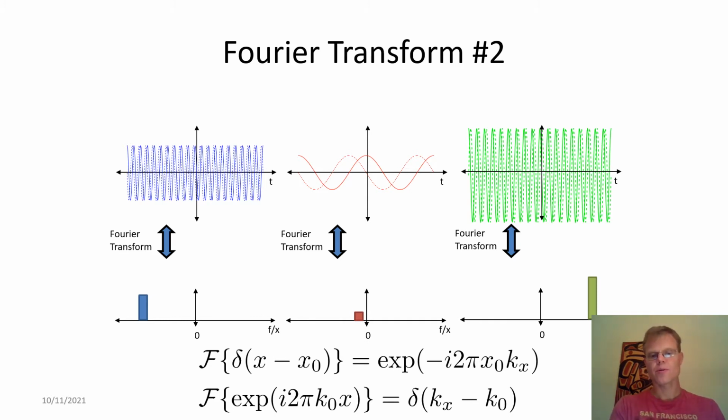Okay, so what's happening in this toy example, in this object, is each of these objects is shifted to a different x0 location. So each of these objects, therefore, has a different frequency when we take the Fourier transform.